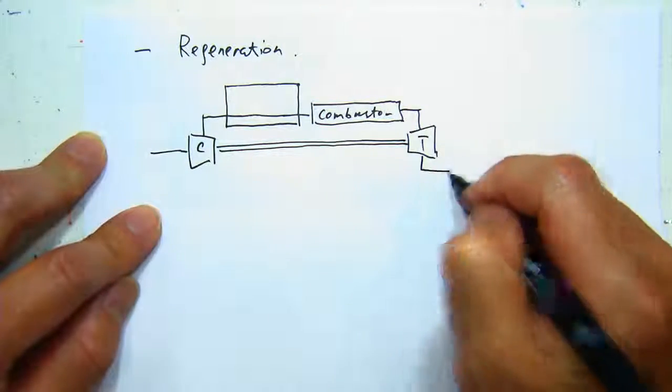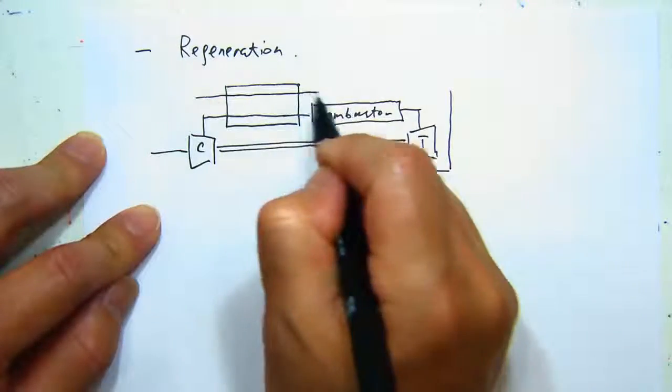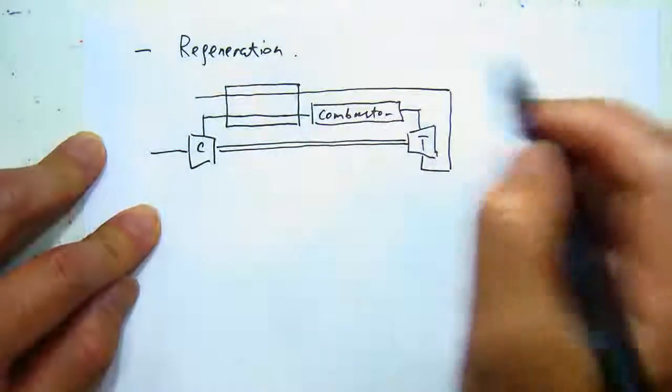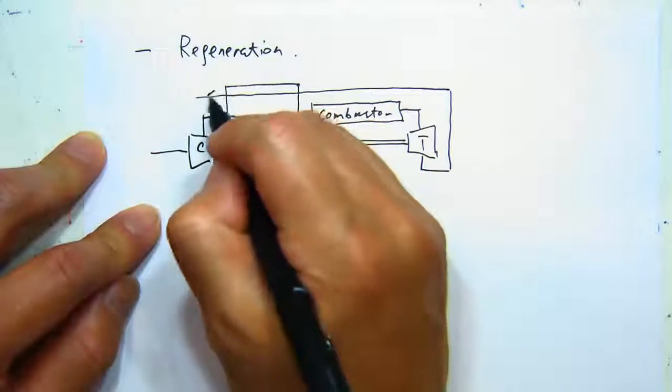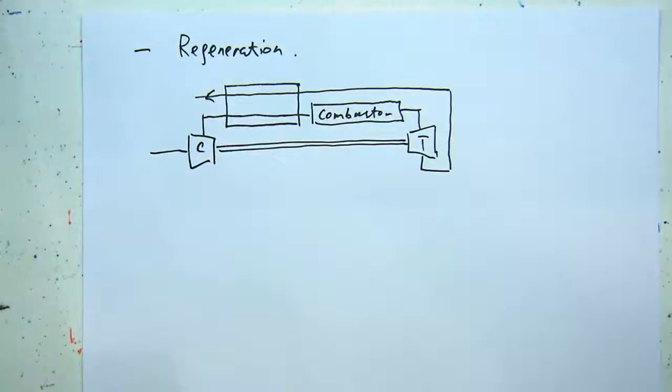So the hot exhaust coming out of the turbine goes through the heat exchanger in this direction, and heats up the air which is leaving the compressor before it goes into the combustor. All right.